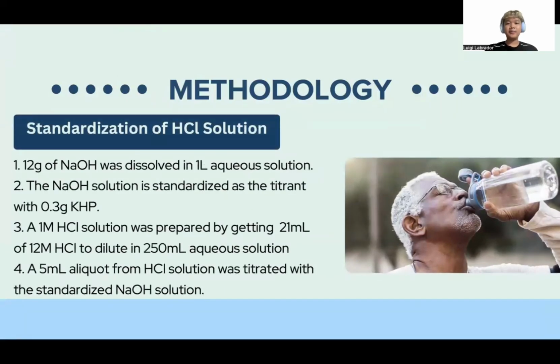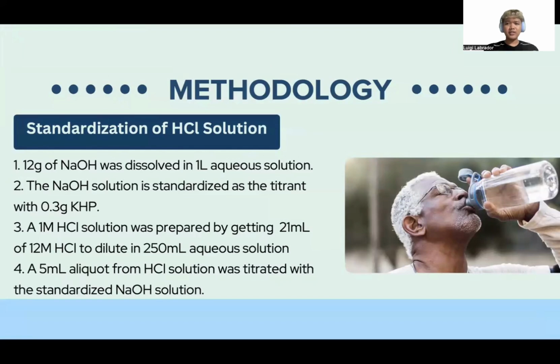Firstly, in the process of acid-base titration, we standardize our titrant, which is the hydrochloric acid (HCl) solution. We standardize the hydrochloric acid solution by using a standardized sodium hydroxide, which is prepared using 12 grams of sodium hydroxide dissolved in a 1 liter aqueous solution and then standardized against 0.3 grams of potassium hydrogen phthalate.